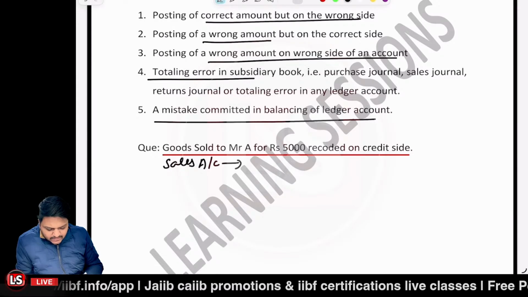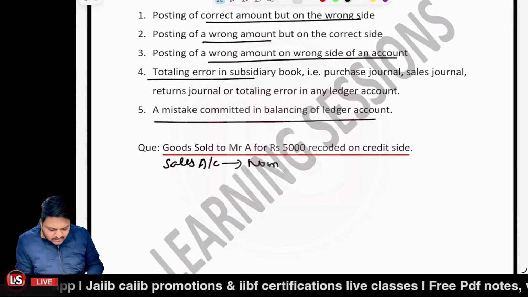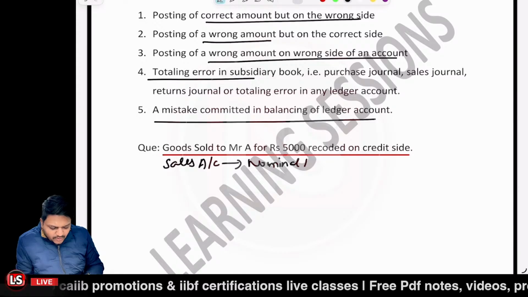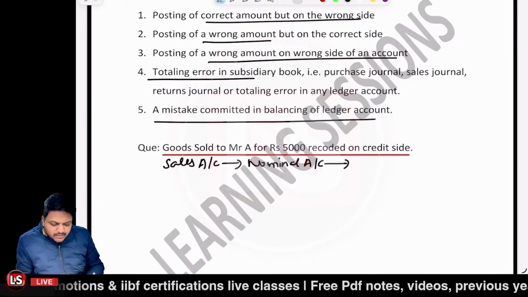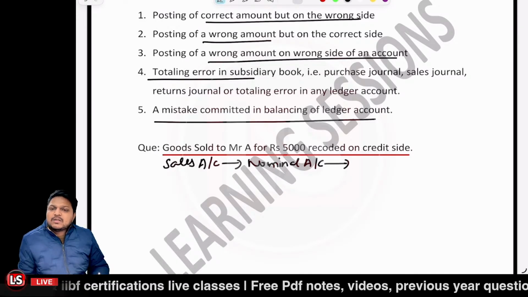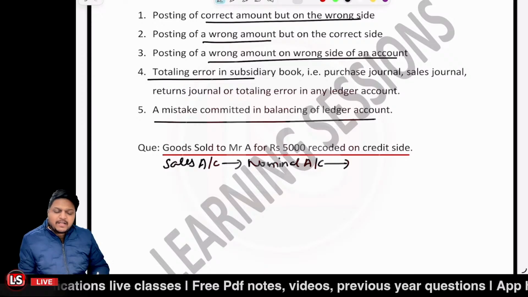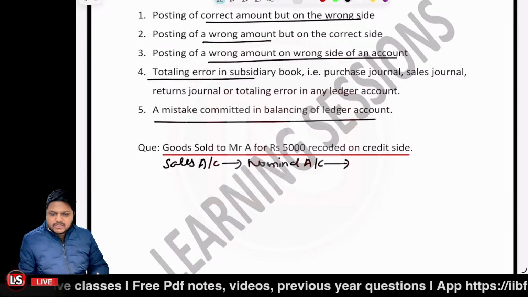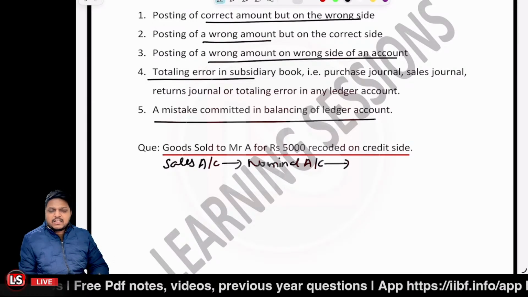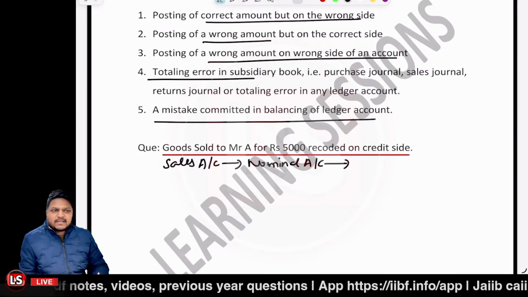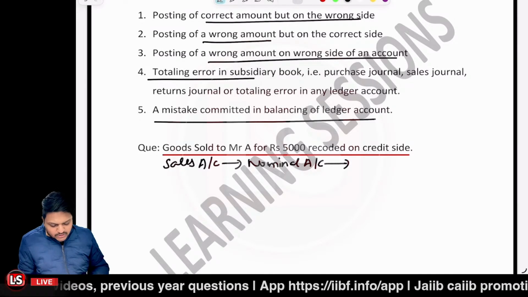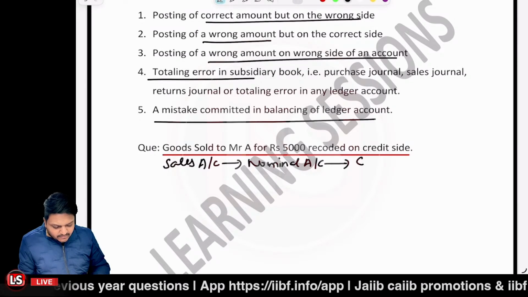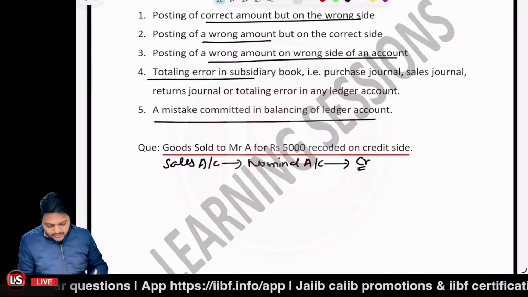Sales account is a nominal account. The nominal account golden rule says debit all the losses and expenses, credit all the incomes and gains. Selling is an income. So sales account is to be credited.